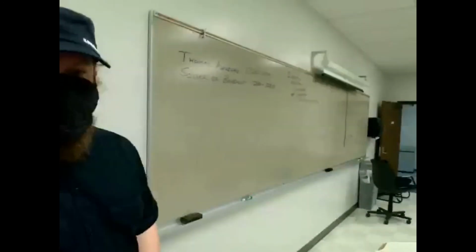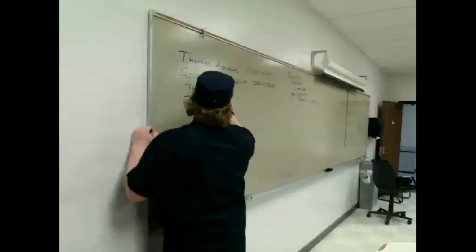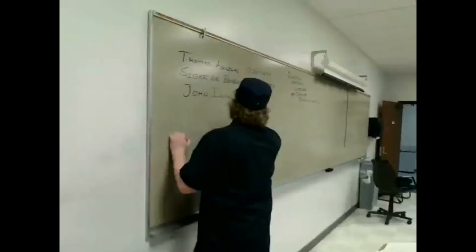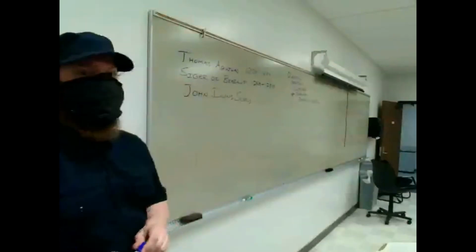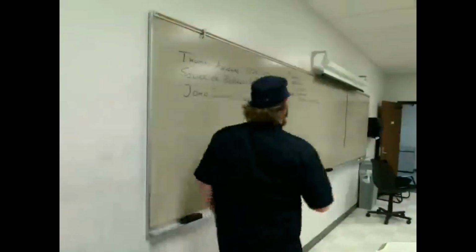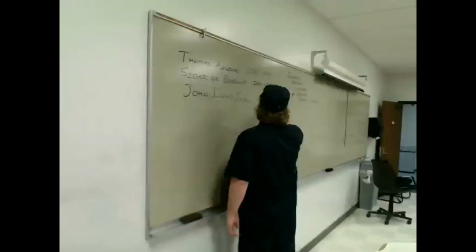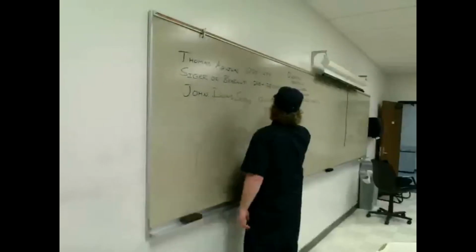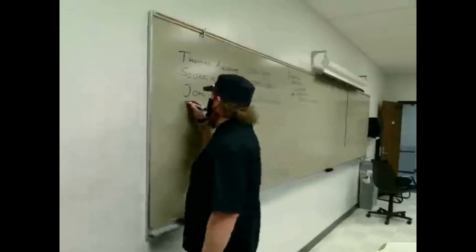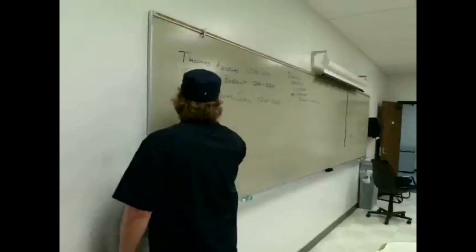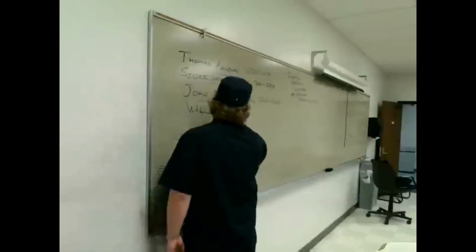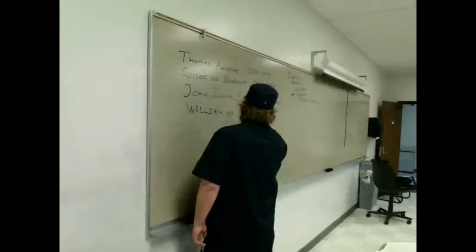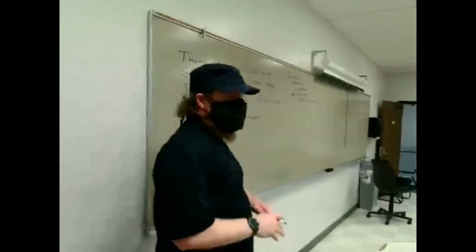Who do we got next? A pair of Franciscans. John Duns Scotus, not to be confused with John Scotus Erigena, that we already talked about. And William Ockham, Guillaume d'Ockham.